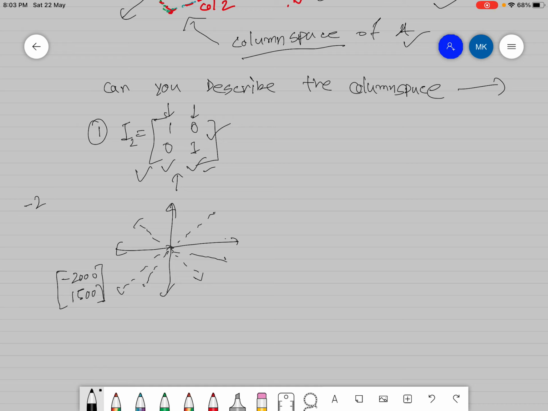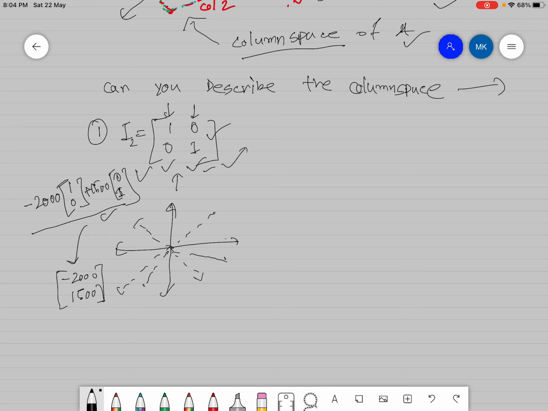By this special linear combination, with 0 and 1. By this special linear combination we can reach this vector, and like this we can reach any point by the potential linear combinations of these columns.